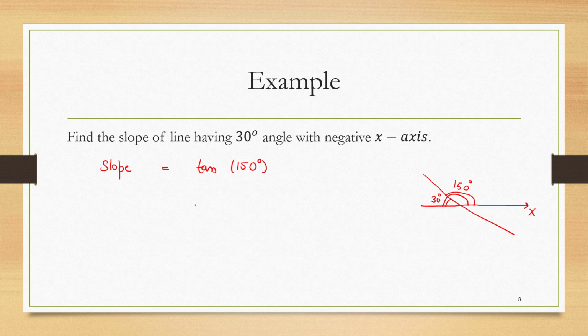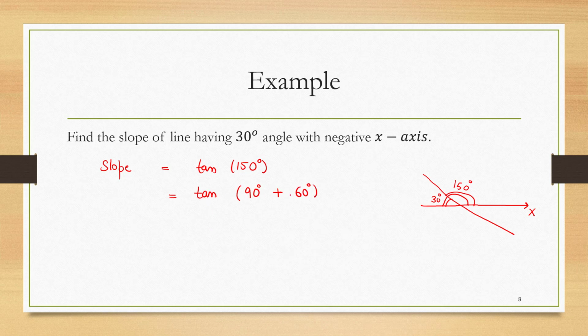You can calculate tangent of 150 degrees if you are familiar with the concepts of trigonometry. Otherwise, if you are attempting a multiple choice question, maybe the options are given in the form of tangent 150 degree. But I am going to solve it here for you. So tangent 150 degree can be written as tangent of 90 degree plus 60 degree.